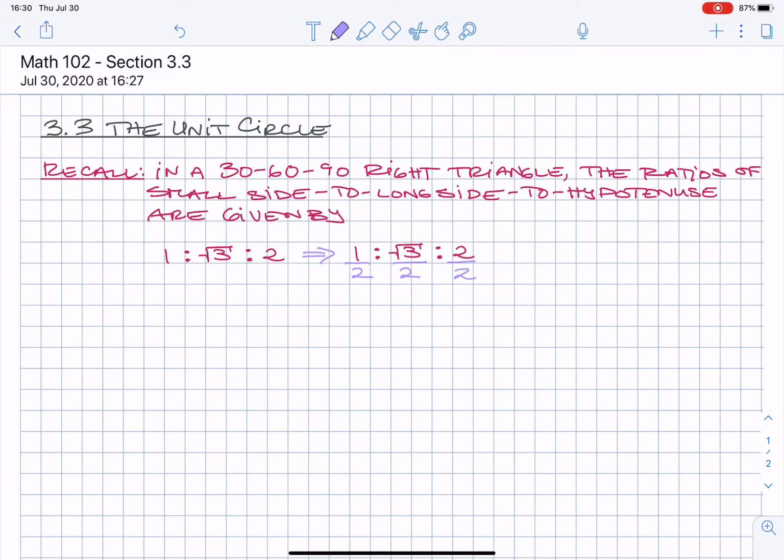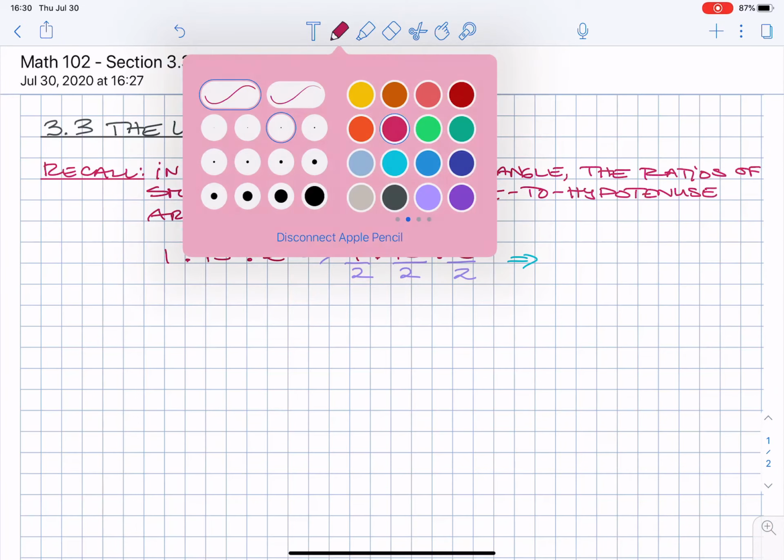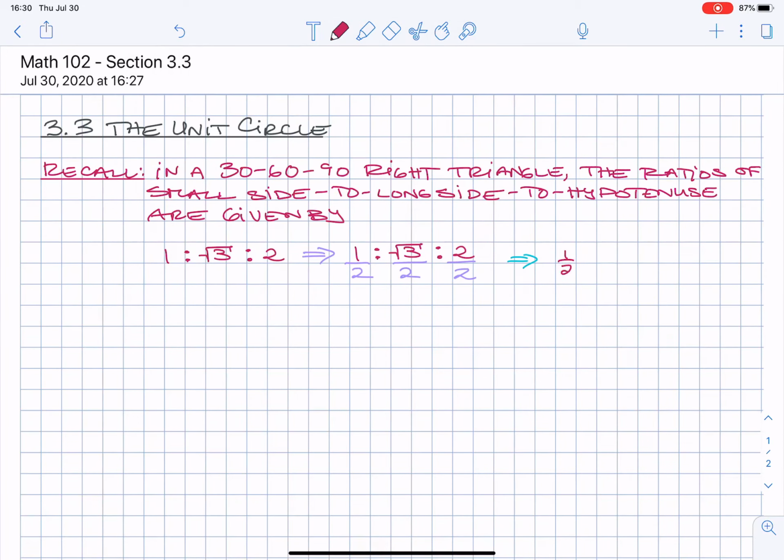So what this gives us then is 1/2 to the square root of 3 over 2 to 1. I want the hypotenuse to be 1.